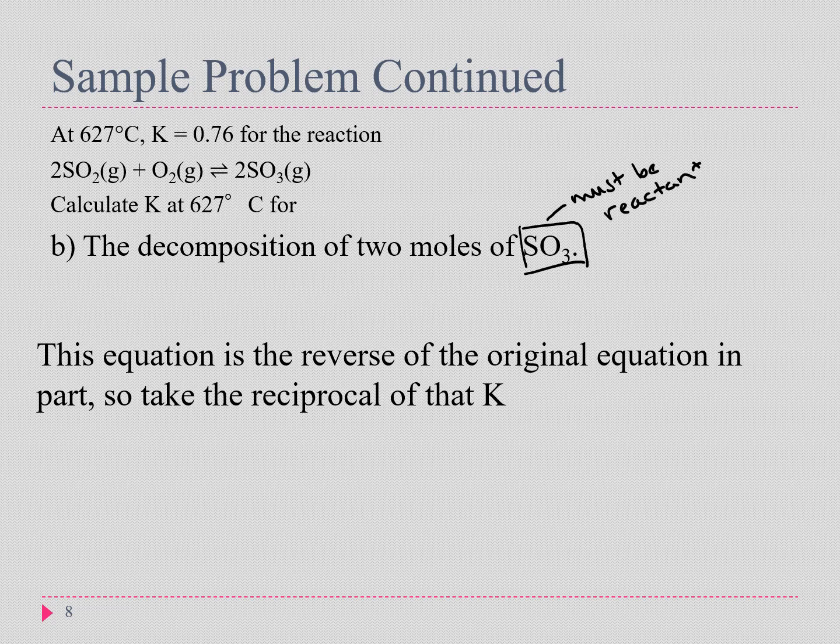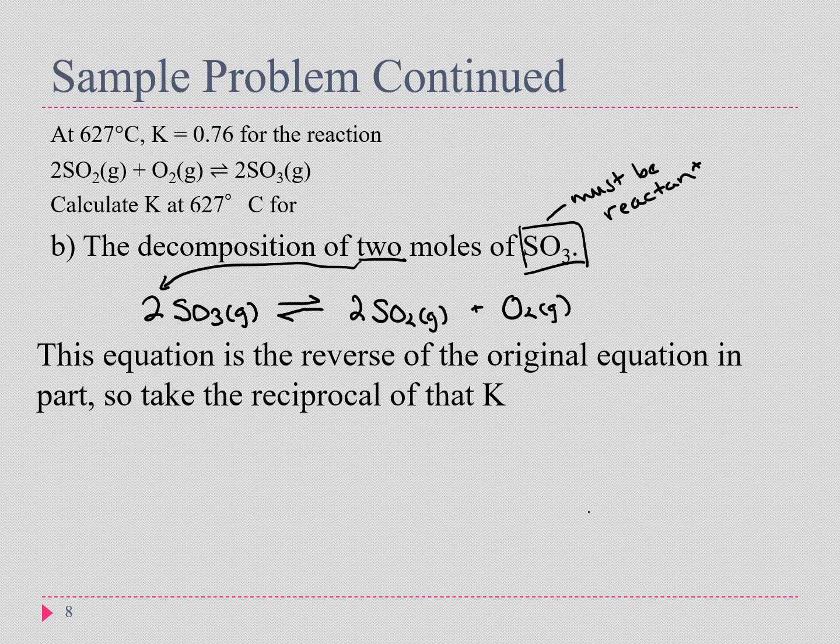So we've got our sulfur trioxide as a reactant, and we're decomposing 2 moles of it, so I'm going to put the 2 out there. So now the products are going to be what used to be reactants, and I didn't change the coefficients, so it's now 2 sulfur dioxides and 1 oxygen in there.